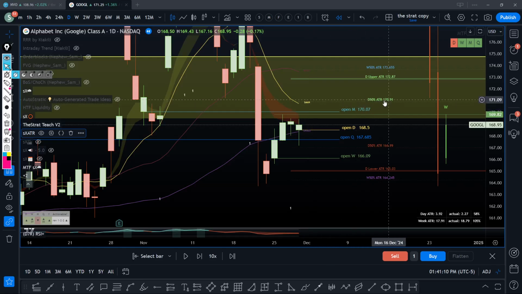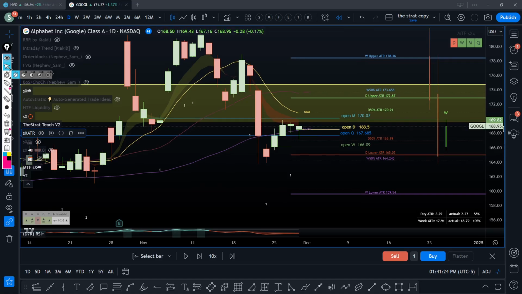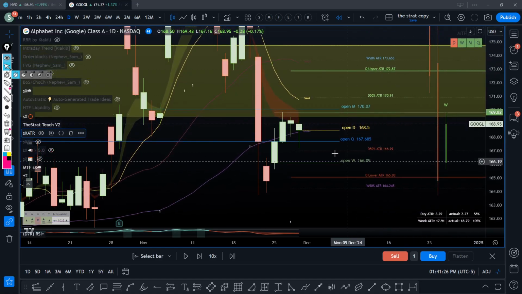I'm trying to hold this throughout the whole week because that's really only the daily ATR. If you give yourself a week's time, it could potentially clear that and go towards the week of 173 at least. So maybe 170, 171 would have been a nice play to have gotten into this morning.